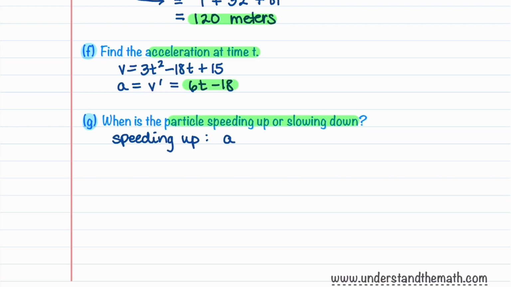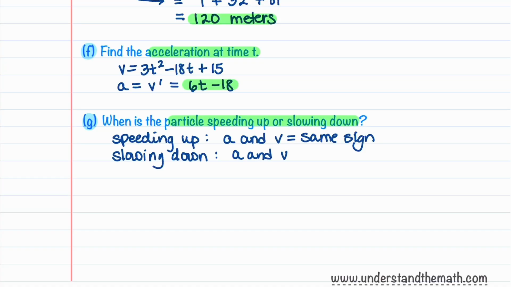So let's write down A and V have the same sign. And then it is going to be slowing down when A and V have opposite signs.